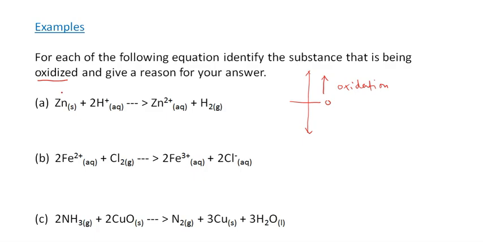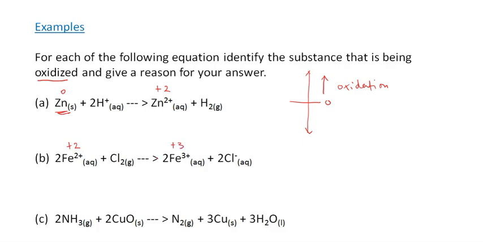Now in this case, zinc, the oxidation number is 0, and on the right hand side, the oxidation number has changed to +2. We can easily tell that zinc's oxidation number is increasing from 0 to +2. So the answer is zinc. For the second one, if we look at the iron, the oxidation number is +2, and the oxidation number after is +3.